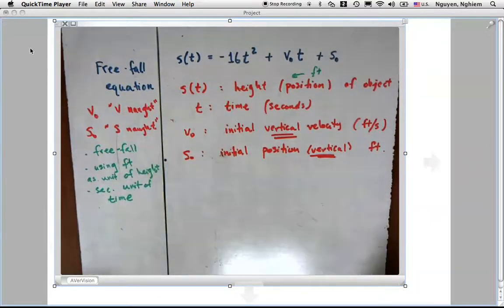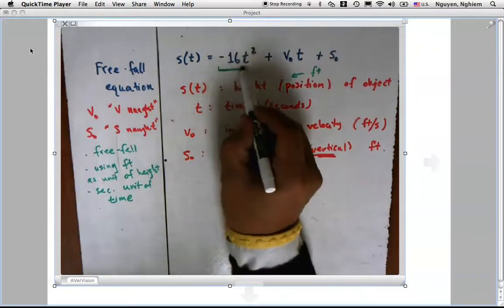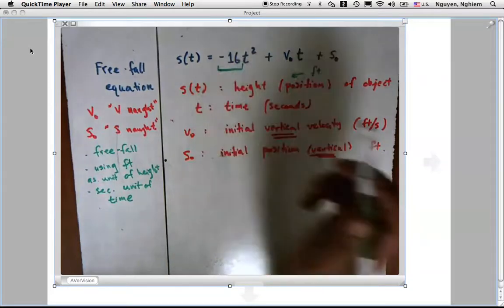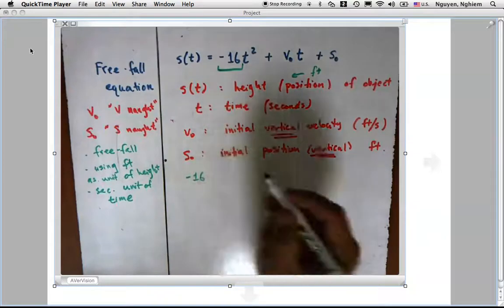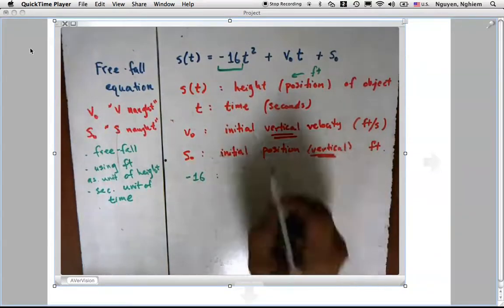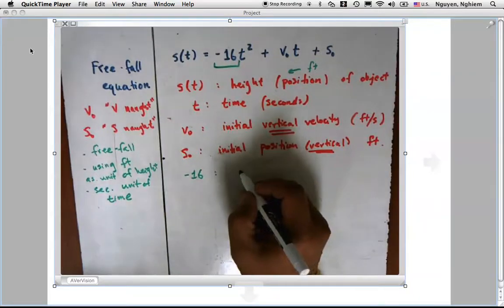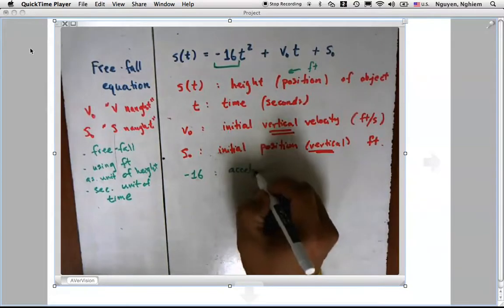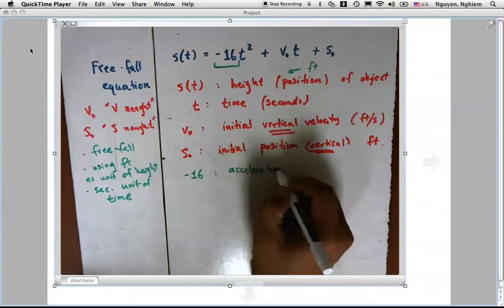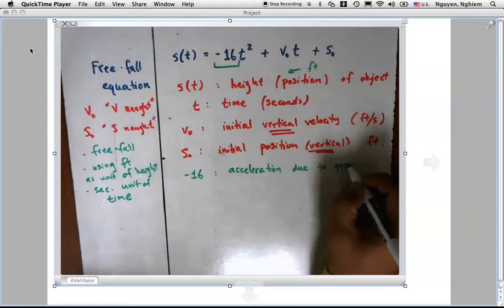And there's one more thing I want to explain here, and this is probably the most perplexing thing of all. This is a sort of magical number. Negative 16 will always be a part of this equation as long as it's in feet, and this just means the force or the acceleration due to gravity.